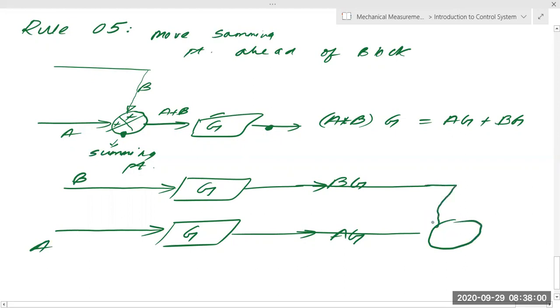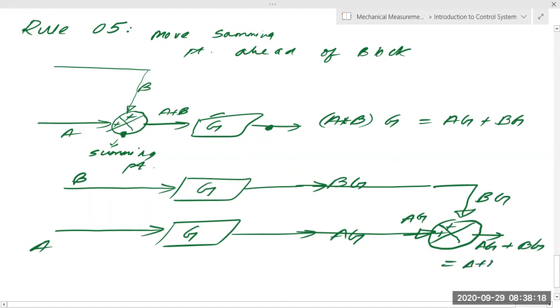So this signal will be BG, and this signal we already know is AG. And if we are moving it ahead, this will be plus, this will be plus, and this will again give me AG plus BG, which will be equal to A plus B into G. So we can see the output is the same again.